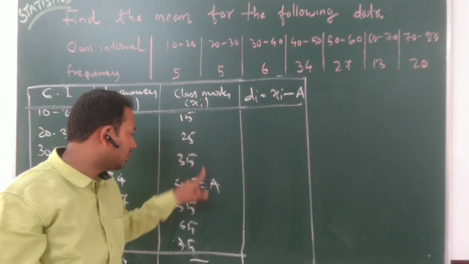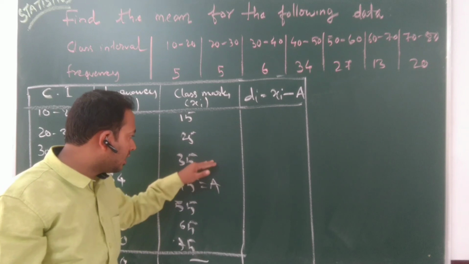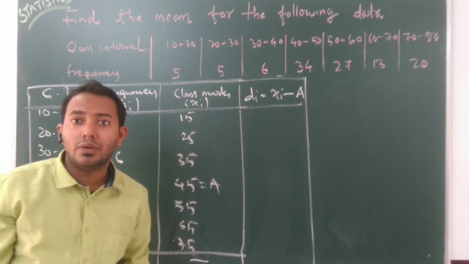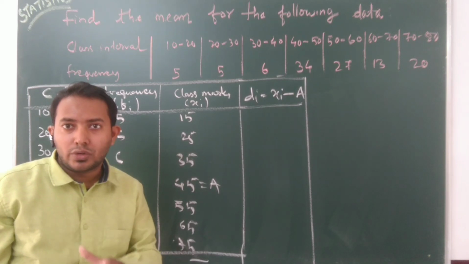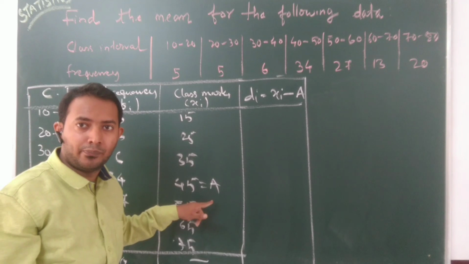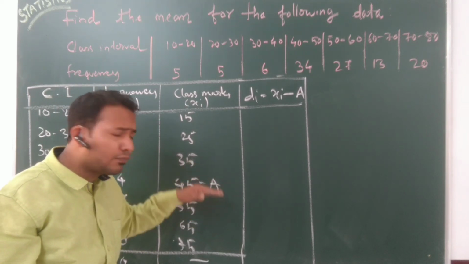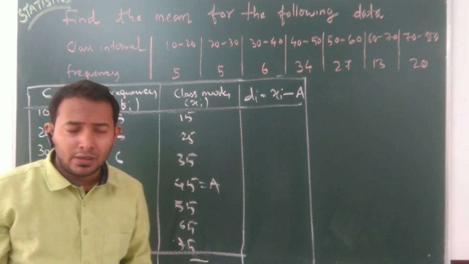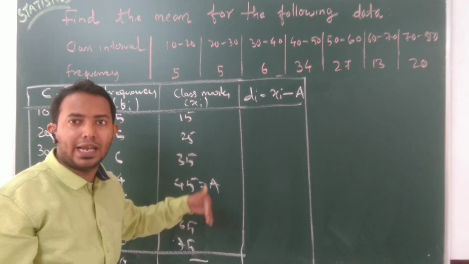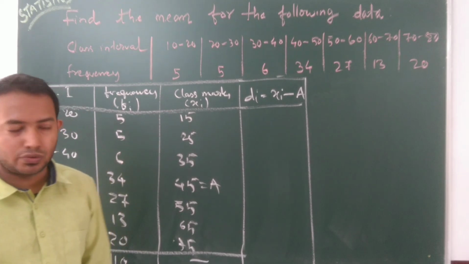You can take it here also, you can take it here also. But if you take it here or here, your calculation path will be increased. So to minimize our calculation path, we generally take the middle. Remember, if you are getting even number data, then either this or this you may choose, any one of them.